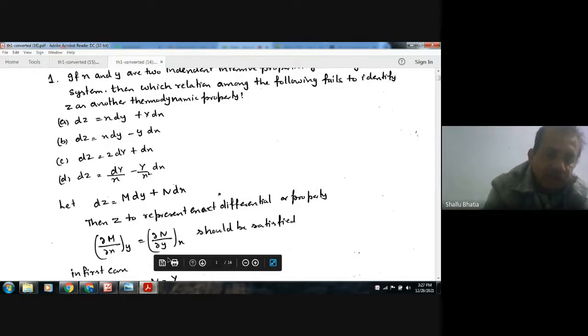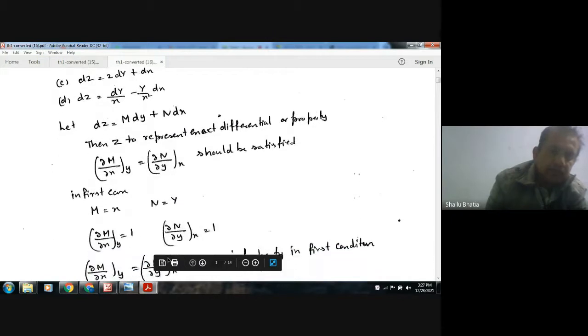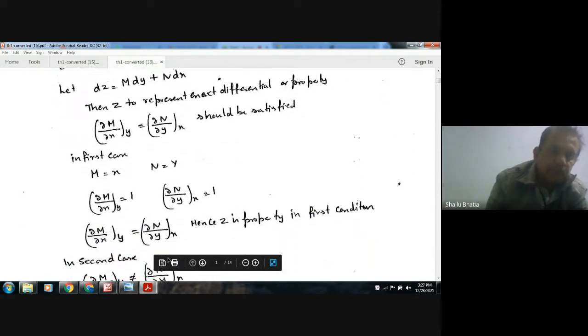So in the first case, M is your x, so the partial of x with respect to x is 1, and N is your y, so the partial of y with respect to y is also 1, so 1 is equal to 1. So that is a thermodynamic property in the first case.